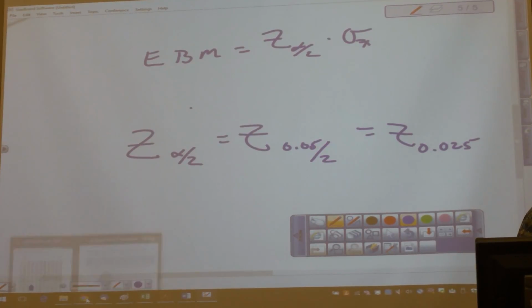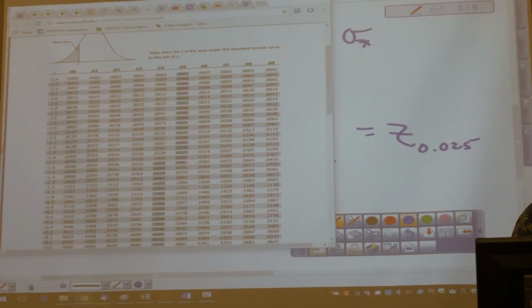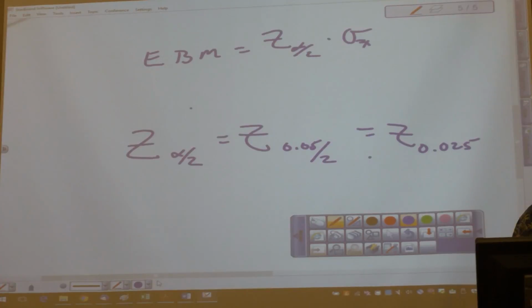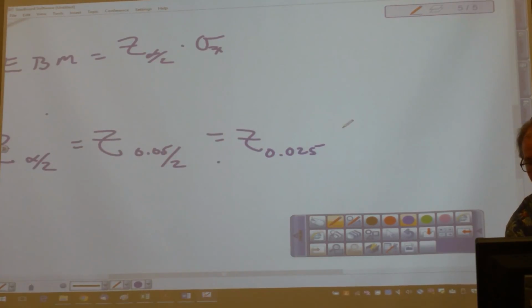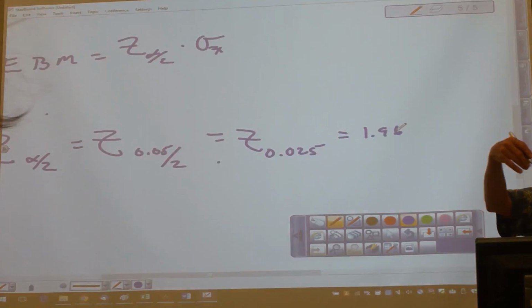If I look that up in the table, which is 1.96. So that's my table value.